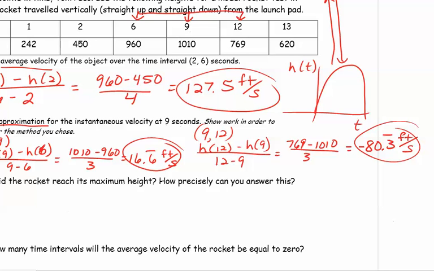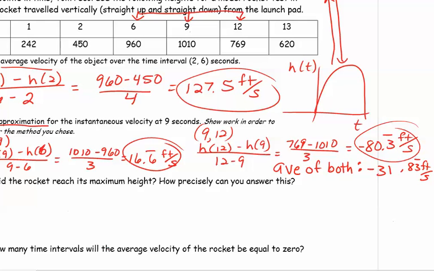I don't know which of these is better, but I might say that averaging the two of those. So the average of both of those answers, you might say, would be better than either of them individually. So you're going to come up with your own argument here. The average of both of those answers would give us negative 31.83 repeating feet per second.